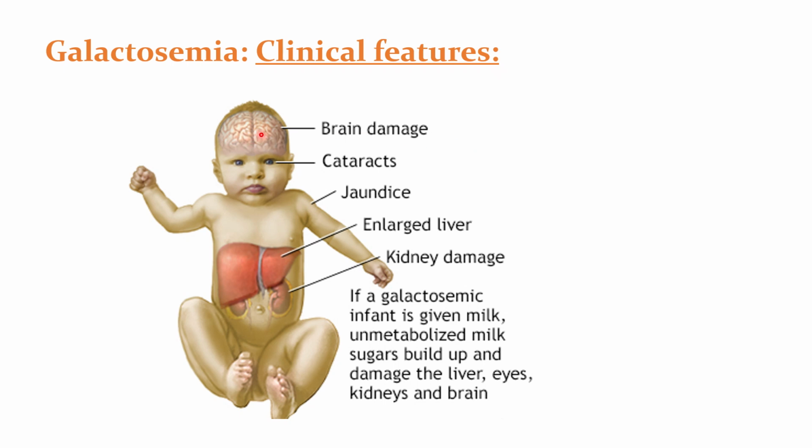The child can present with brain damage, cataract, jaundice, enlarged liver and kidney damage. If a galactosemic infant is given milk, unmetabolized milk sugars build up and damage the liver, causing jaundice and enlarged liver, damage the eyes causing cataract, and damage the brain and kidney.